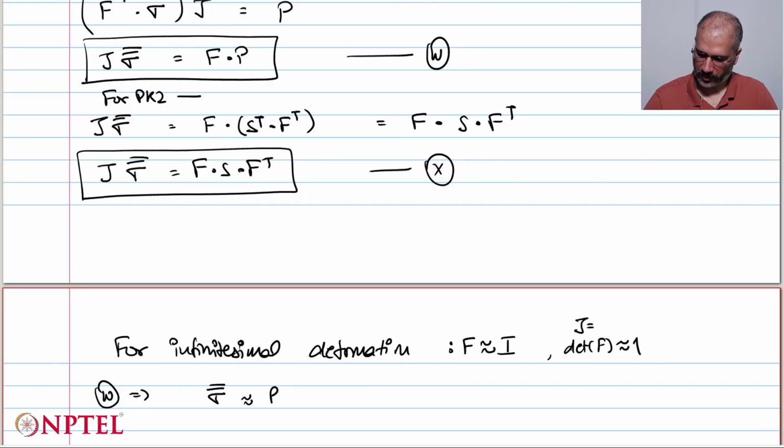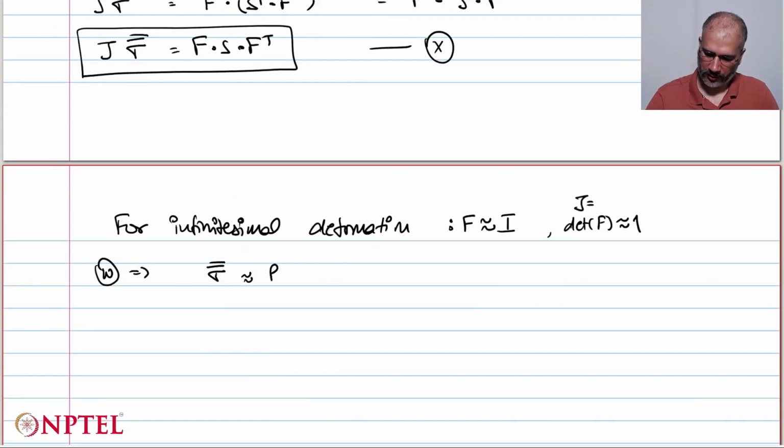If we consider X, that would imply again J is 1, sigma is approximately F dot S dot F transpose, but F is identity, so we get S. And we can conclude from these that under infinitesimal deformations, all the stress tensors degenerate to the same quantity. But for finite deformations, they may be different.